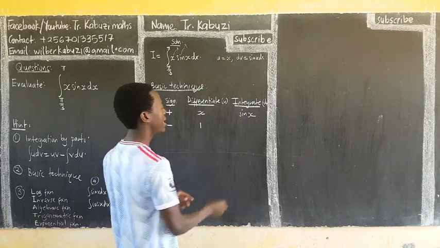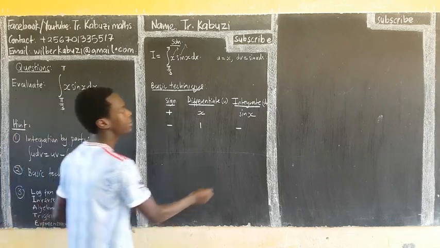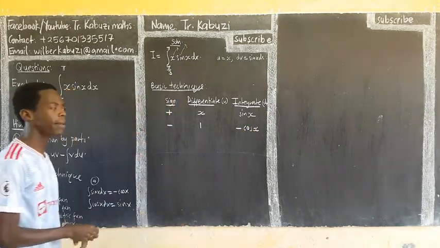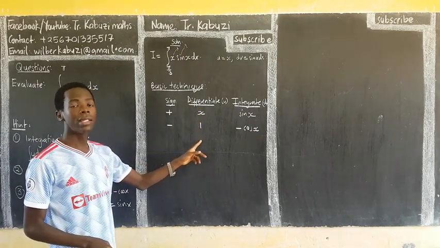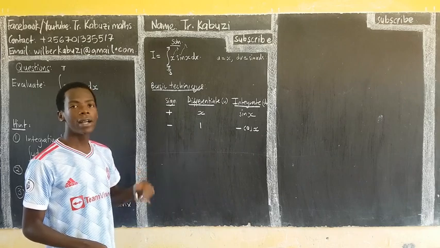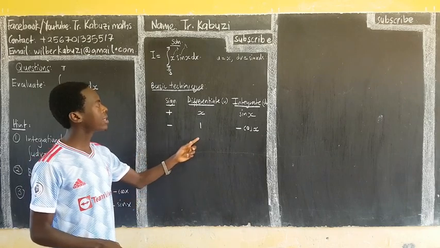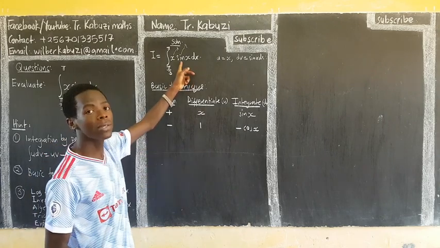When I integrate sine, I get a negative of cos x. That's the first step. Then in most cases, we do this until this one reaches 0. Or if the function is not going to come to an end, we do this until the function we have here and here is the one which was given in the question.